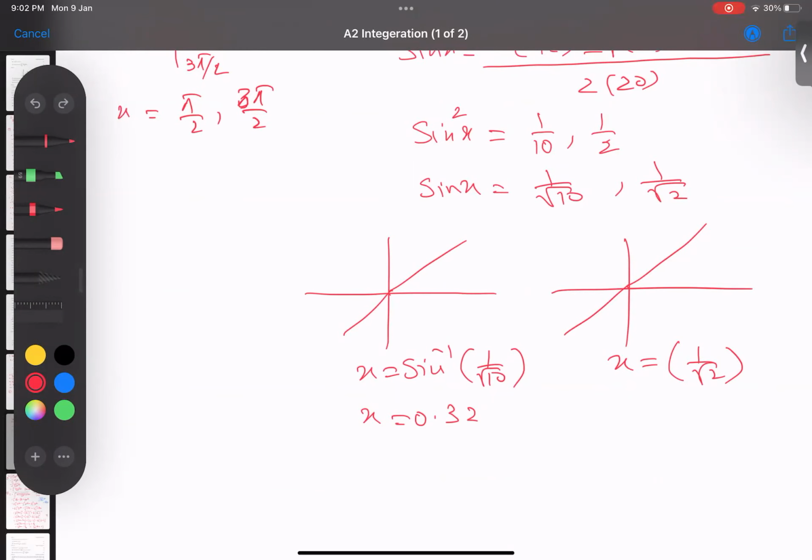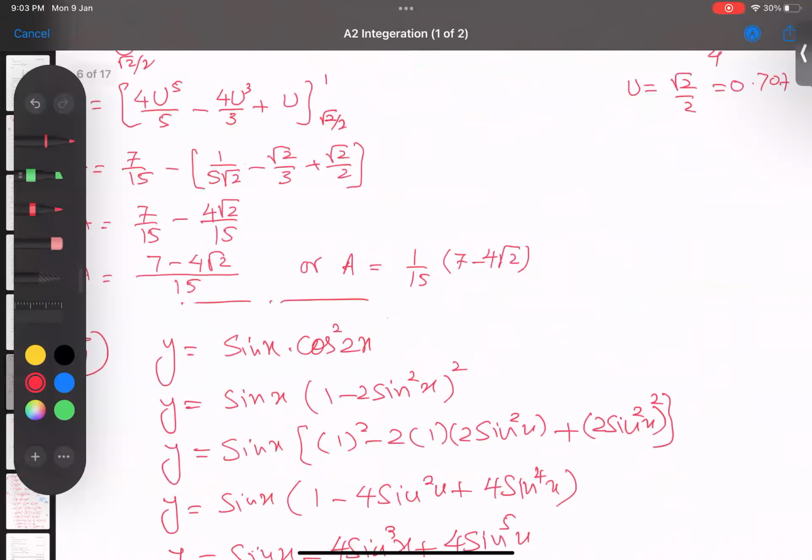And when I check the other answer, at root 2, I'm getting here 0.78 or 0.79. Naturally, this is bigger than pi by 4, because if I check pi by 4, it is giving 0.78 or 0.79. So it means this is not possible, no chance. So ignore this answer. So our answer is 0.32, which is the final answer.